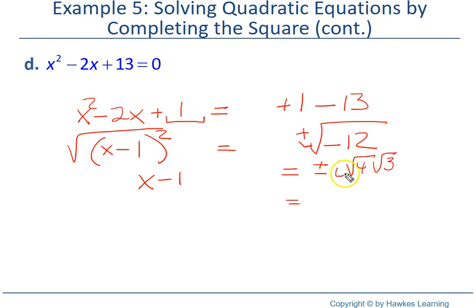The square root of 4 is 2, so this is going to become 2i, the square root of 3, plus or minus, and I'm going to bring this negative 1 over as a positive 1, and I'm going to use my eraser here, and there's our answer.